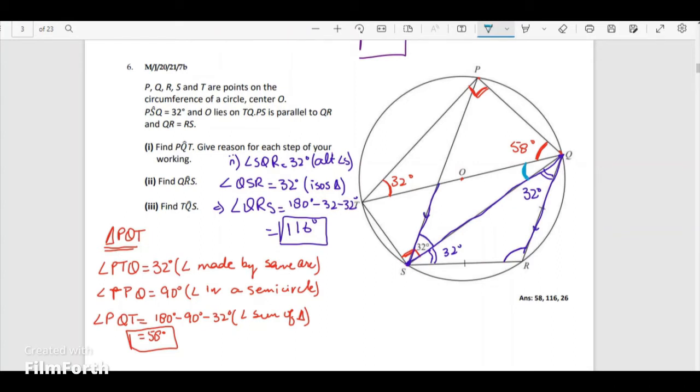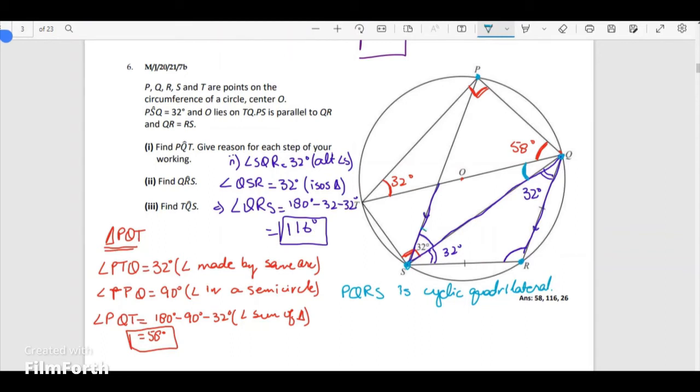If you notice that S, P, Q, and R are all lying on the circumference, so PQRS is a cyclic quadrilateral. This means that the opposite angles would add up to 180 degrees.